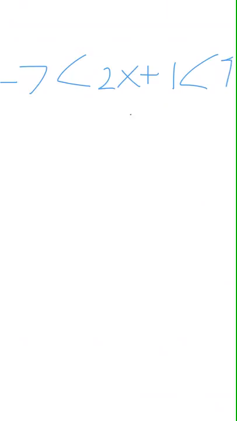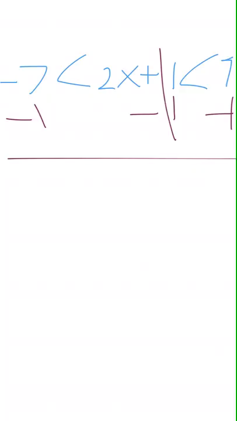If you look at your chart, since it's strictly less than, you can take the stuff on the inside, 2x plus 1, and write it like this with both inequality symbols facing towards the right. And just solve it like this. Subtract 1 from both sides, or subtract 1 from everything.